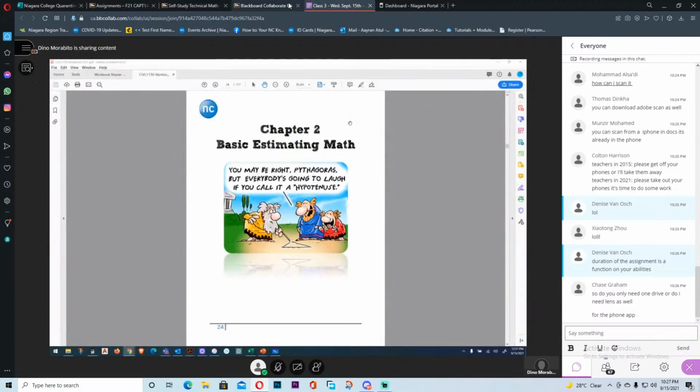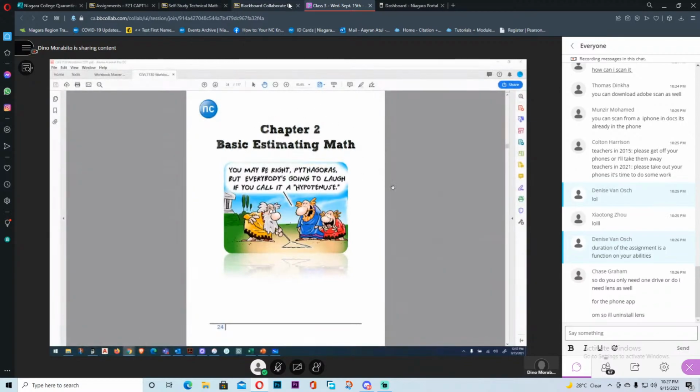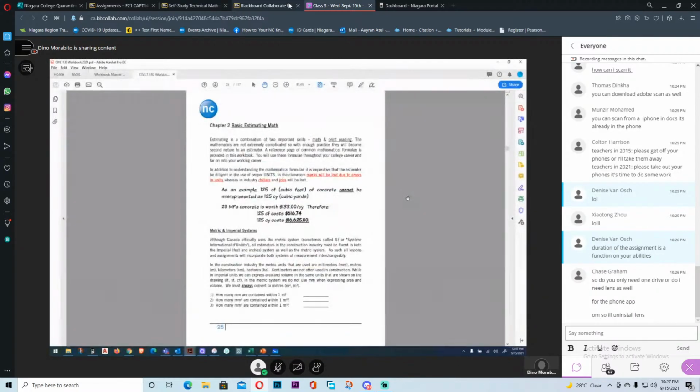I'm in your workbook, and I'm looking at Chapter 2, Basic Estimating Math. It starts off with reiterating some of what we talked about already. It talks about metric and imperial systems.